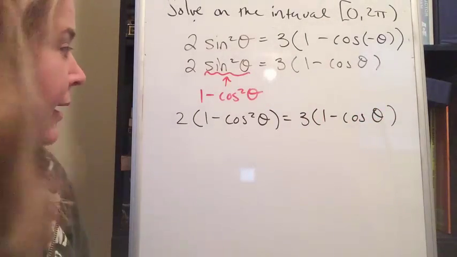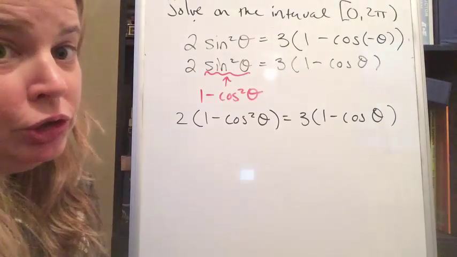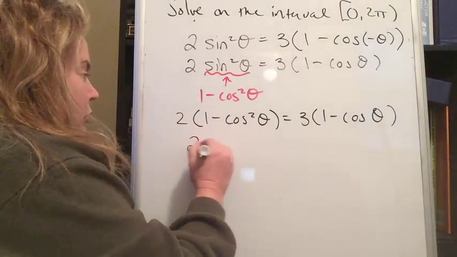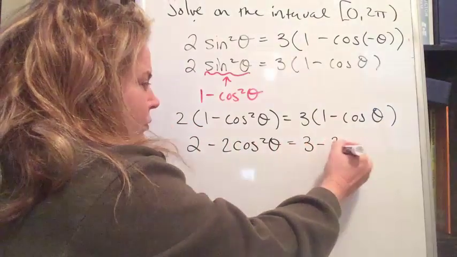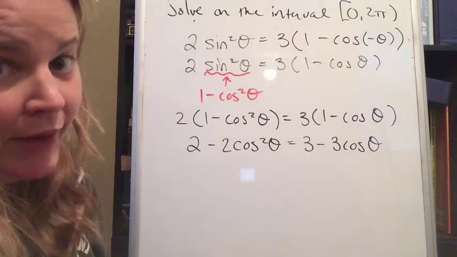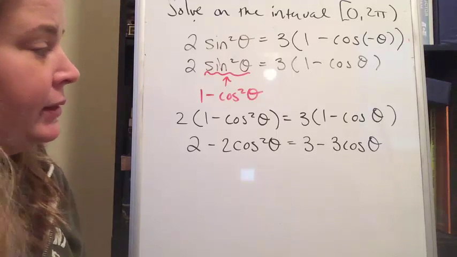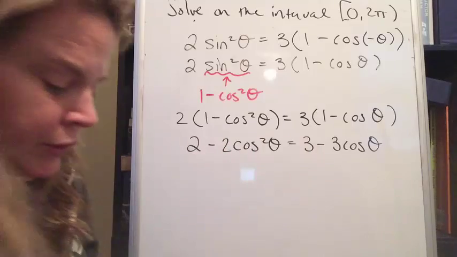So I've got all the same angle, everything is theta, and I've got the same trig function. So let's distribute and see what happens. 2 minus 2 cosine squared theta equals 3 minus 3 cosine theta. I'm probably going to have to factor, so let me get everything on one side and 0 on the other.